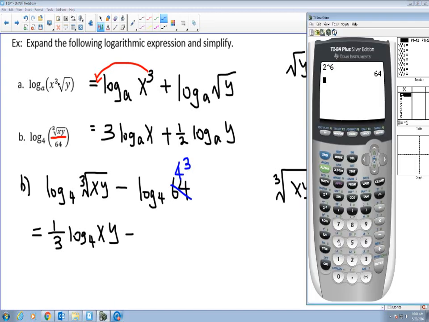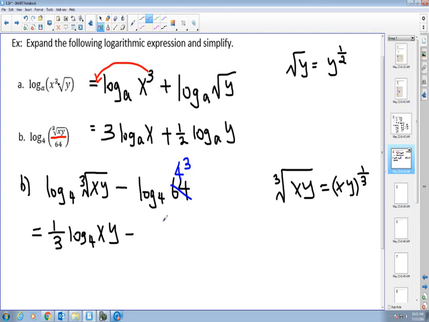Let me make sure. 4 to the 3rd power, yep, 64. And earlier I said that when the base of the logarithm is the same as what we are taking the log of, they can cancel each other out. So the only thing left will be your exponent. So that will just be minus 3 here. Alright. So that will be expanding the logarithm.